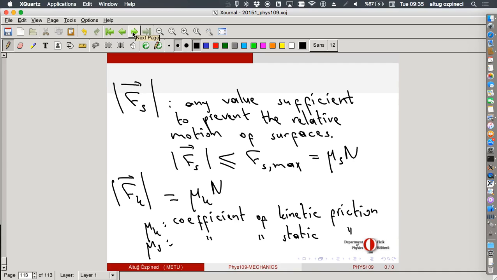It eventually stops, which tells us that there's some friction involved, but that friction is much smaller than what we are discussing, like the static and the kinetic friction. That is called the rolling friction. We will not be discussing it in more detail. But in the next hour, we will be discussing some of the mechanisms that might be causing this friction, and some of them are also involved in rolling friction.